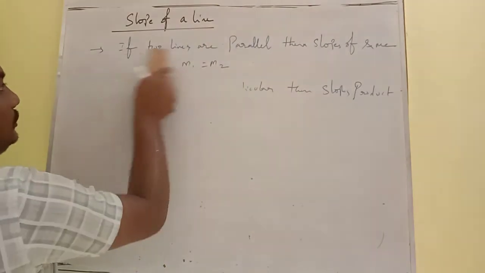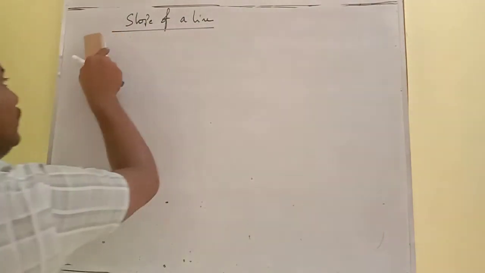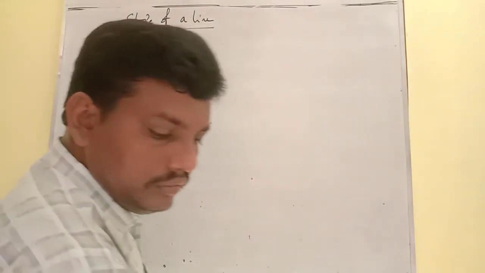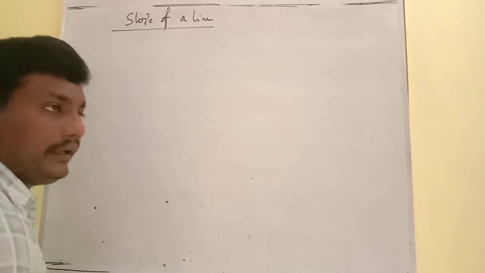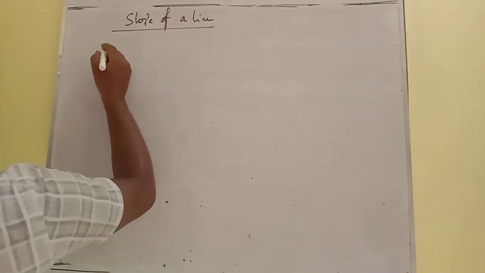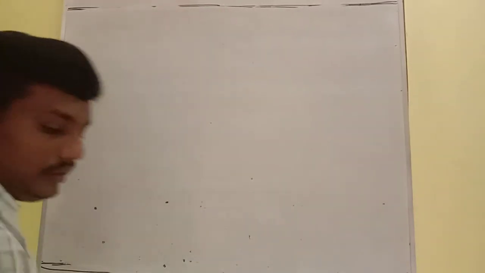Next, we can now calculate the different lines. How to find the line? Different forms of the line based on the slope.